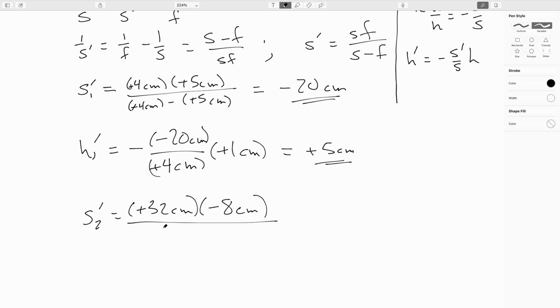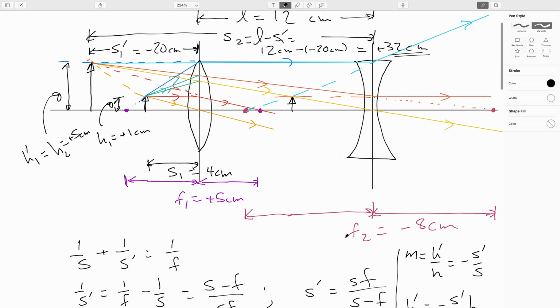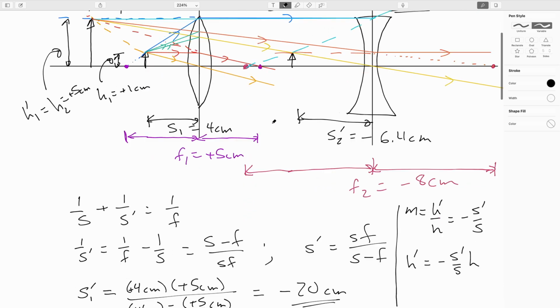And so we will say over plus 32 centimeters minus a -8 centimeters. This works out to be minus 6.4 centimeters. So we have located our image here to be 6.4 centimeters in front of the second lens.